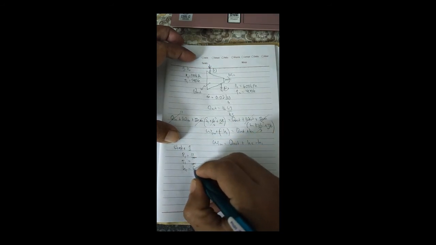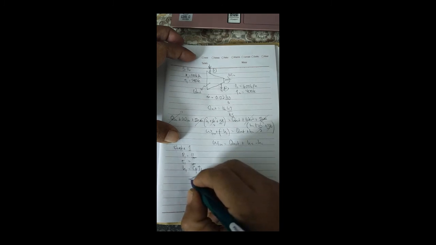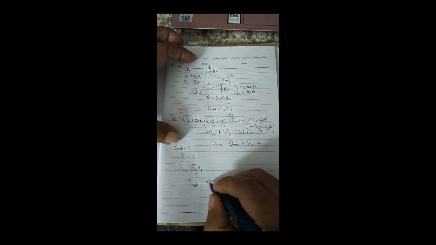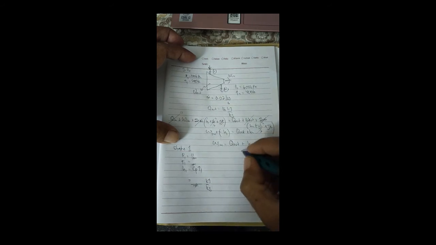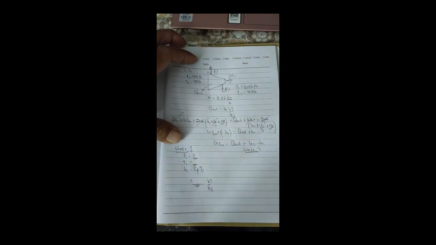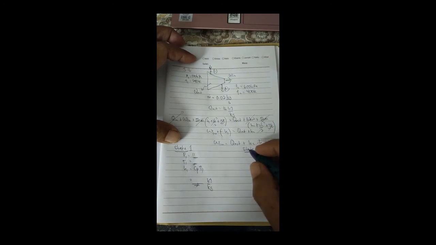So H1 is Cp T1, directly in kilojoule per kg. State 2: this is state 1 and state 2, so it's similar. P2 is given directly, T2 is also given in the question.